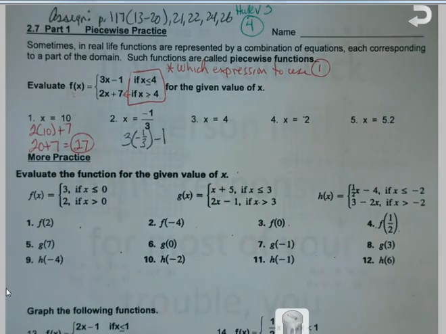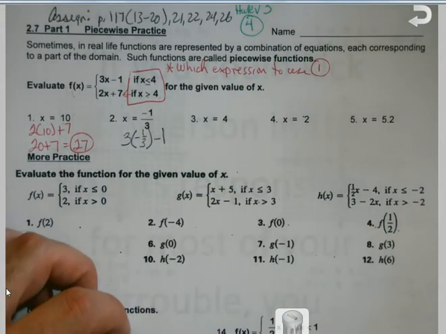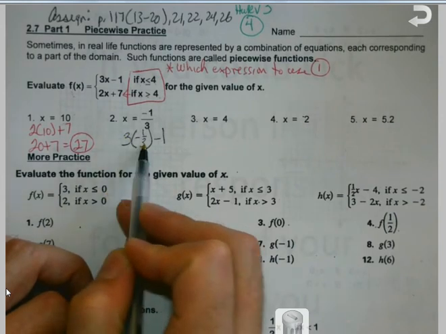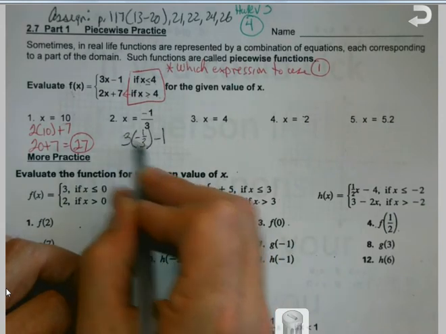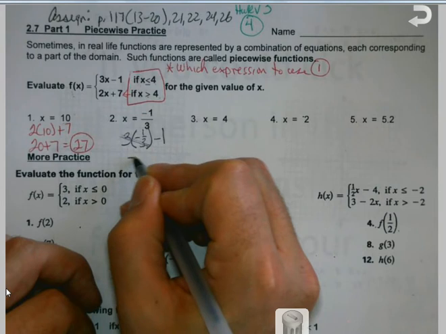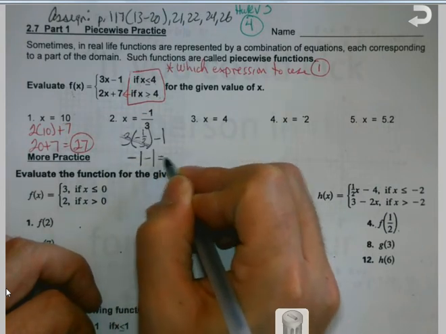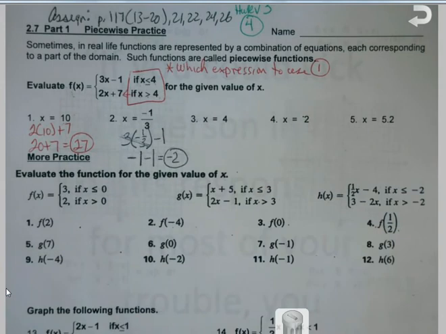Okay, it'll only work in one. We'll never have it where we do it in both for any one of these. And before some of you freak out with a fraction, remember, I'm multiplying, those would basically just cancel. So all I'd be left with is the negative 1 that's up in the numerator, minus 1. Get my negative 2, and I'm good.